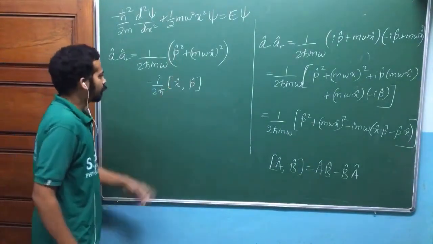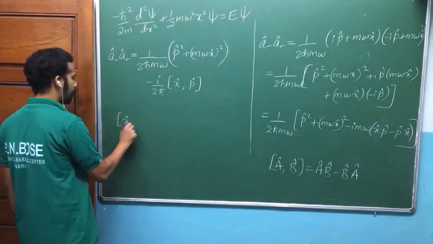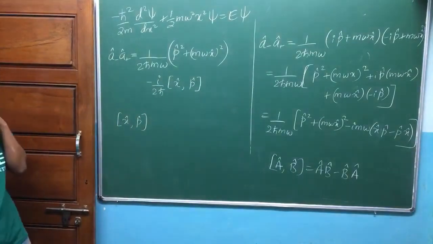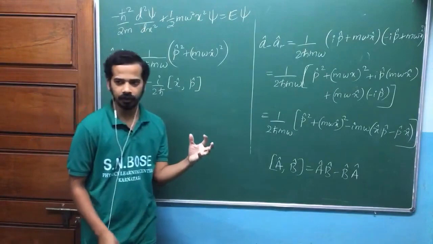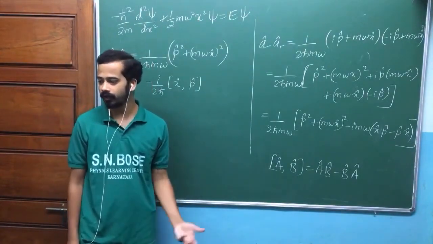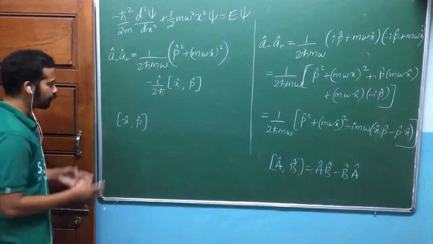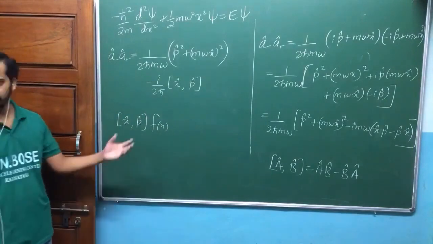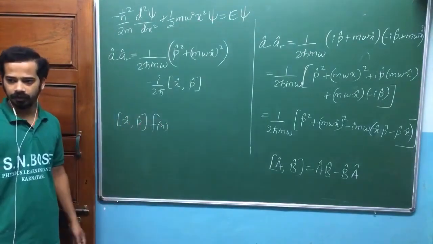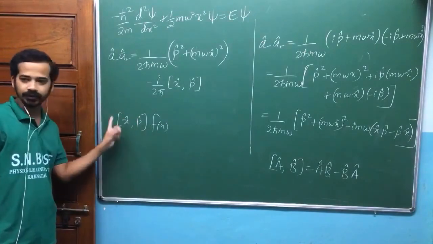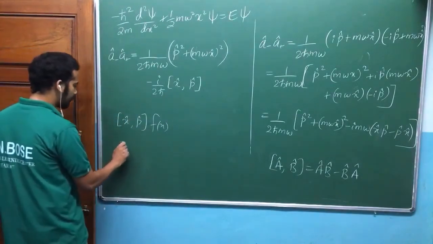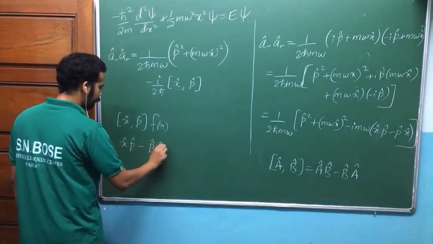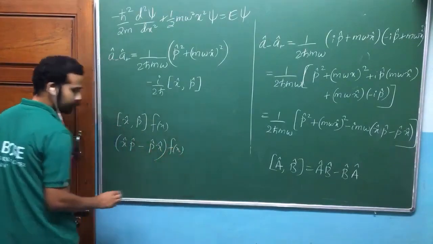Now our aim is to find what this is equivalent to: [x cap, p cap]. What is this operator? Again, the commutator is equivalent to what? Okay. Now we shall see that. How do you find any operator? By operating, isn't it? You will find what it does. Now I am going to operate this on some function f of x, some dummy function. I am not taking care of what this function is; I am trying to find its nature. That is nothing but x cap p cap minus p cap x cap operating on f of x. Am I right?